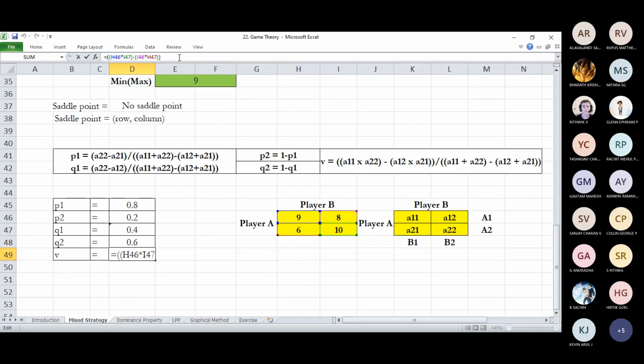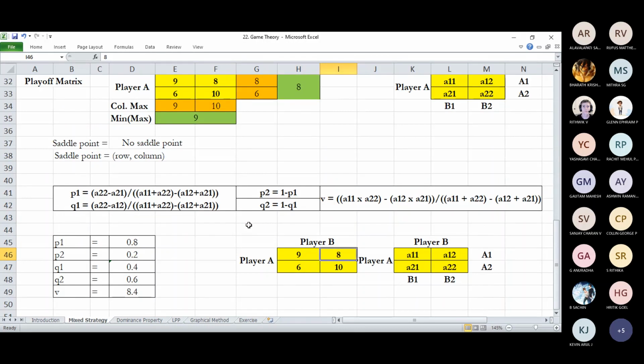So I can divide that by the denominator, and the value of this game is 8.4. Right? So you can see 9, 8, 6, and 10. So the value is almost 8.4. Right? So this is how you solve a mixed strategy.